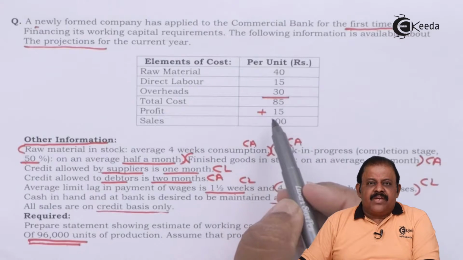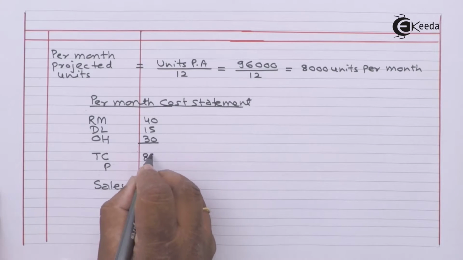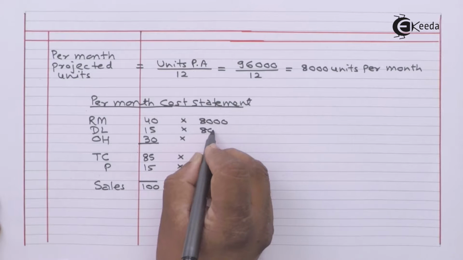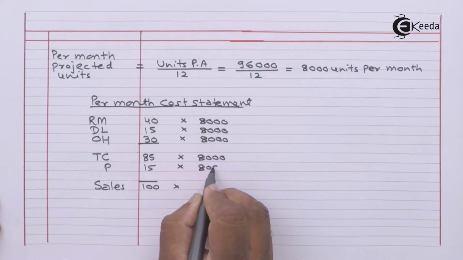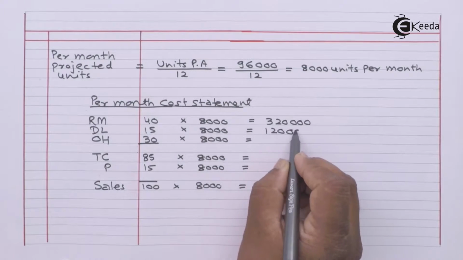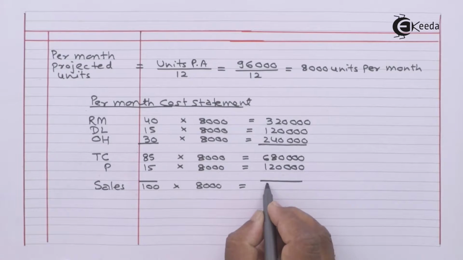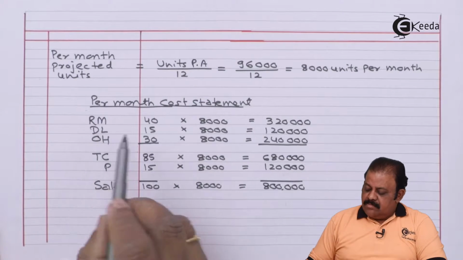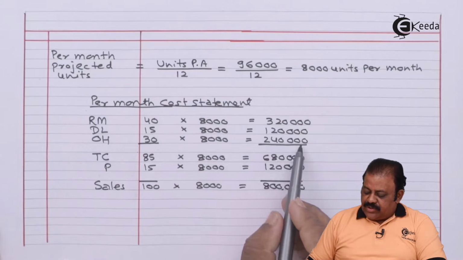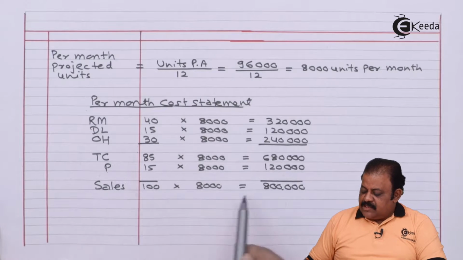Per unit information is given in the question. Raw material consumption per month 3,20,000, direct labor 1,20,000, overheads 2,40,000, total cost 6,80,000, profit 1,20,000, sales per month 8 lakhs.